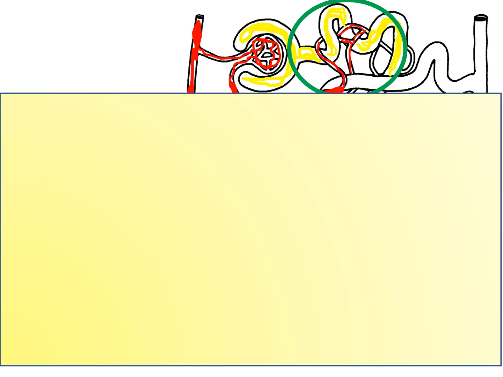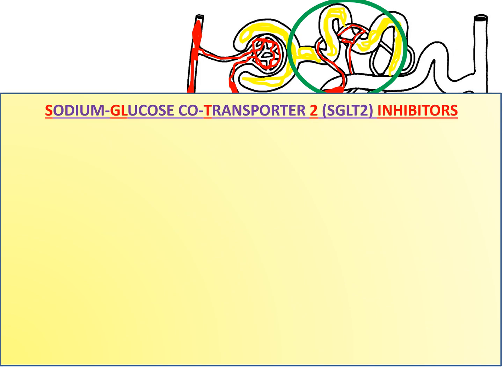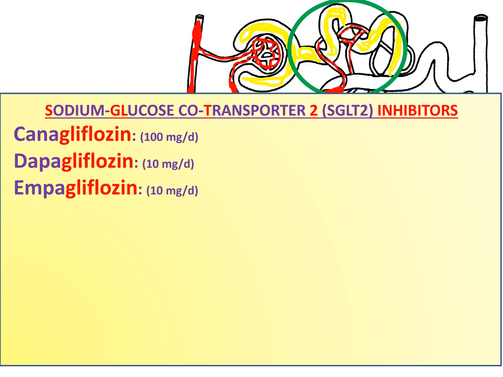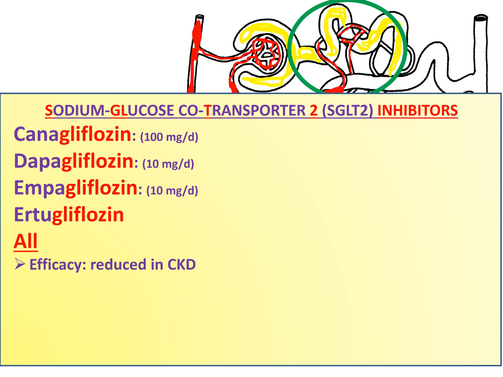So this group of drugs, which we call the sodium glucose co-transporter 2 inhibitors, as you can see, all their names end with gliflozin. We have Kana, Daba, Imba, Ertu. Now, all of these medications will reduce their efficacy if we have chronic kidney disease.